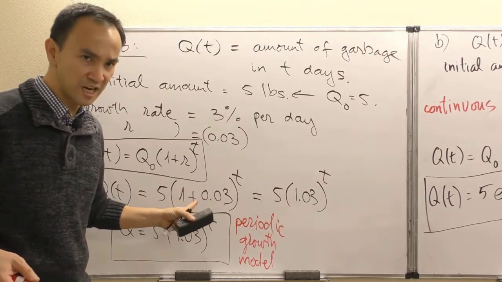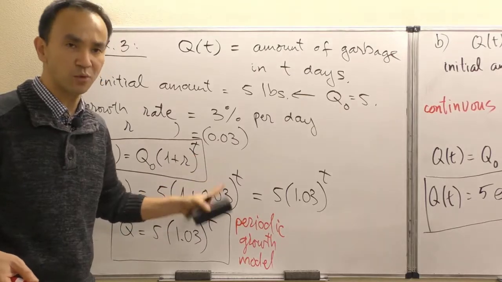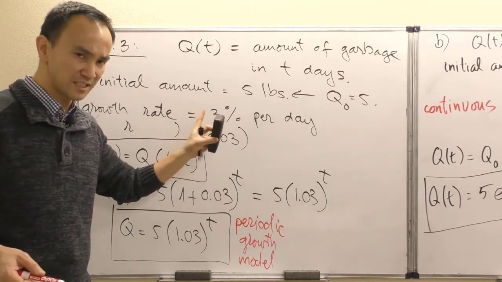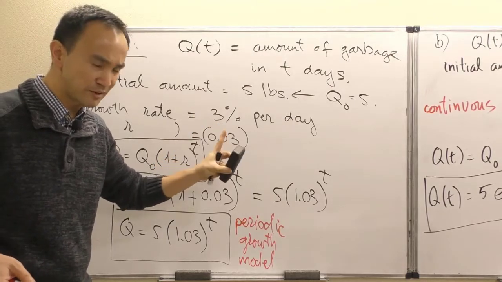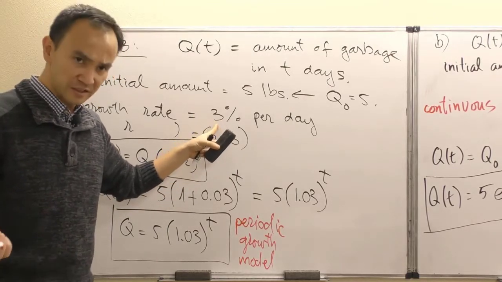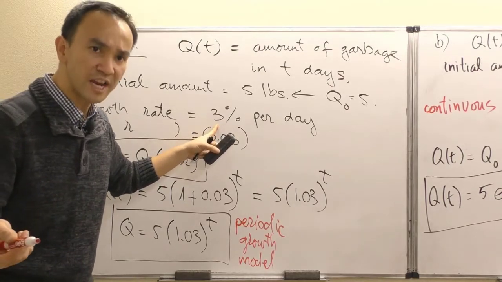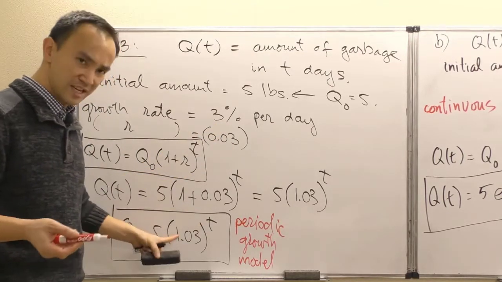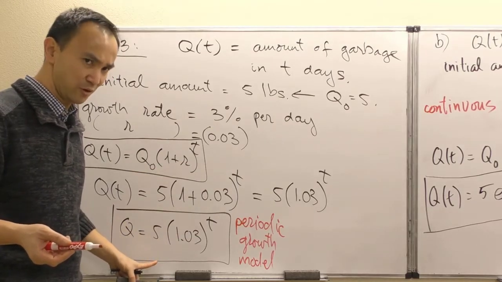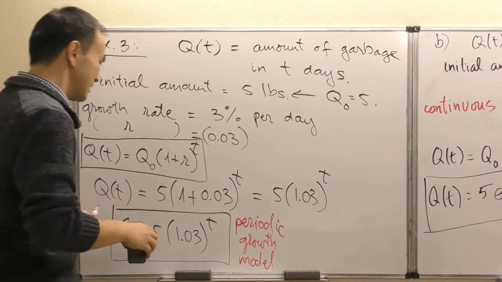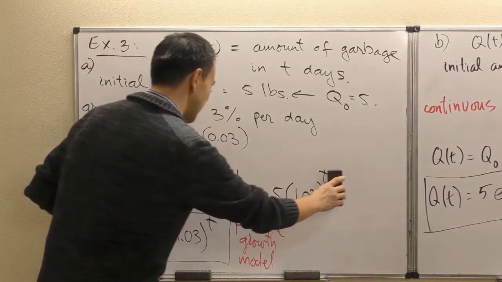But once we're done, it's not going to be the same as the one that we saw in part B, because you see the meaning. That's why having a clear indication is extremely important. If it's a 3%, but without the indication that it's a continuous model or a continuous rate, then it comes out with this. And now if we want to convert this to a continuous model, here's how we're doing it. Okay, so now allow me to erase some extra space here.